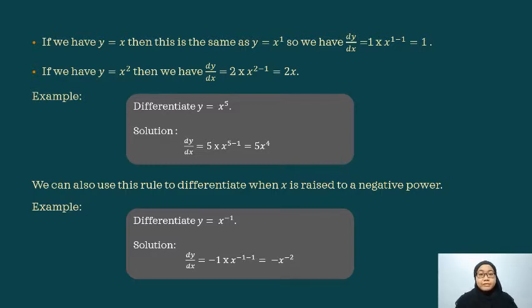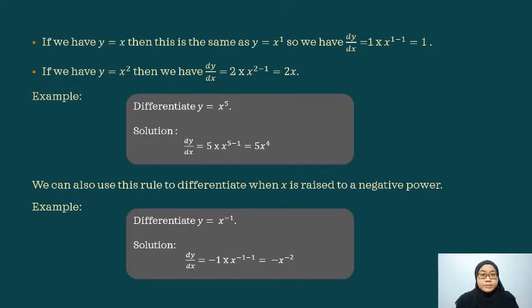Example, if the question asks you to differentiate y equals x to the power of 5, the solution will be dy/dx equals 5 times x to the power of 5 minus 1, so the answer will be 5x to the power of 4. We can also use this rule to differentiate when x is raised to a negative power.